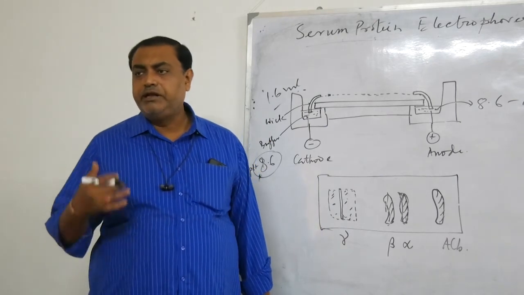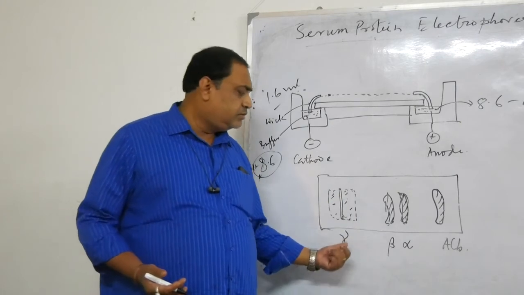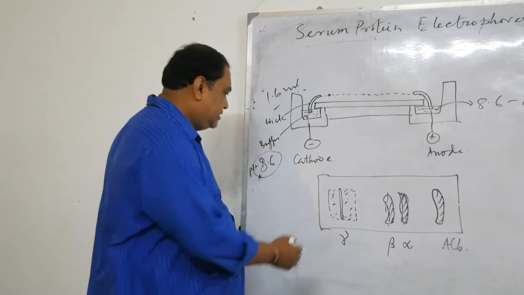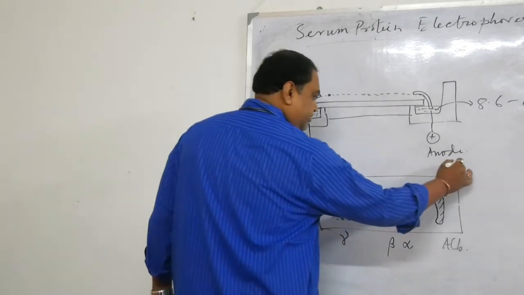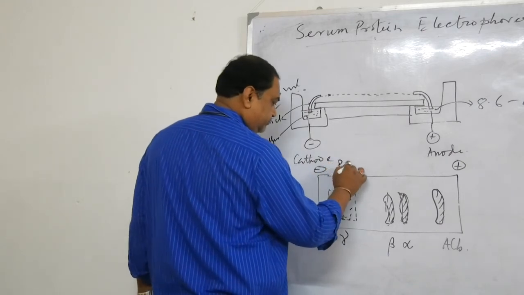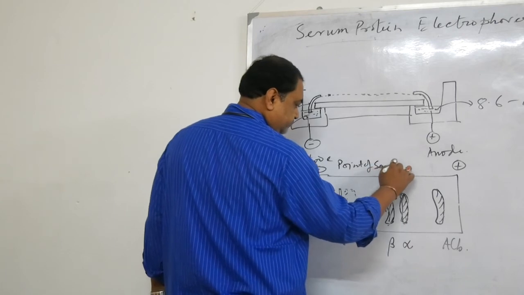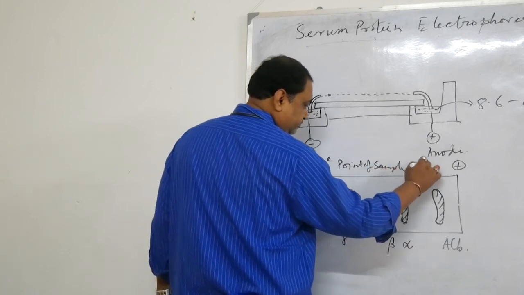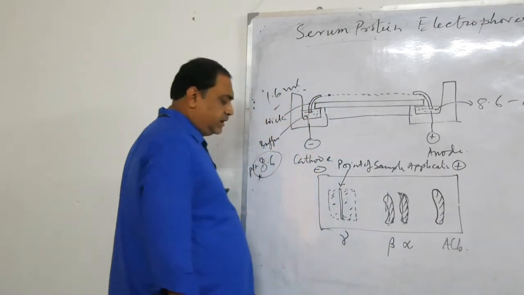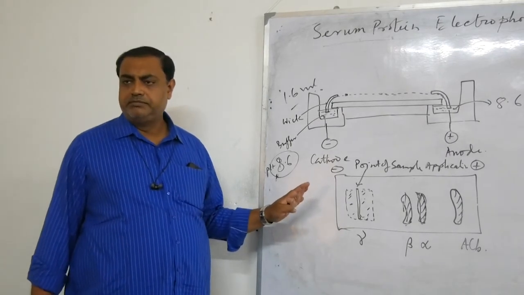So there will be different interpretations from this glass slide. First we will do the normal slide, followed by the different disease slides. So this is the negative side, this is the positive side, this is the point of sample application. Have you all drawn this normal slide?